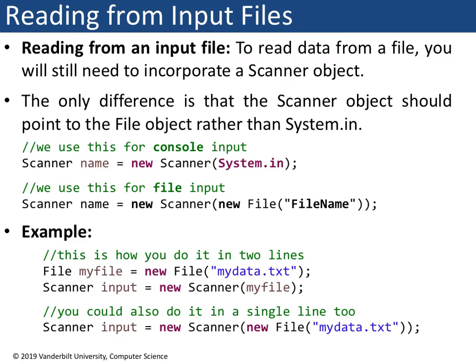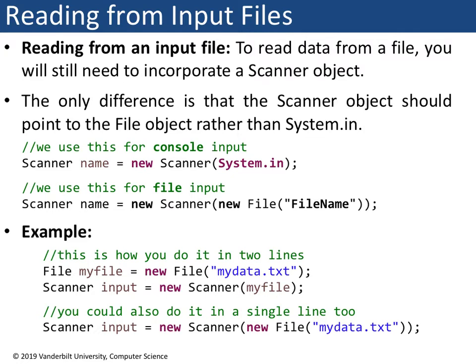So for the console, we would do new Scanner, and then we would give as parameter System.in, which is the input stream, which is where you type into the console. So this would declare a scanner object that looks at the input stream. Very similarly, we can declare a scanner object that looks at a file object. So in this one line of code, notice what we're doing.